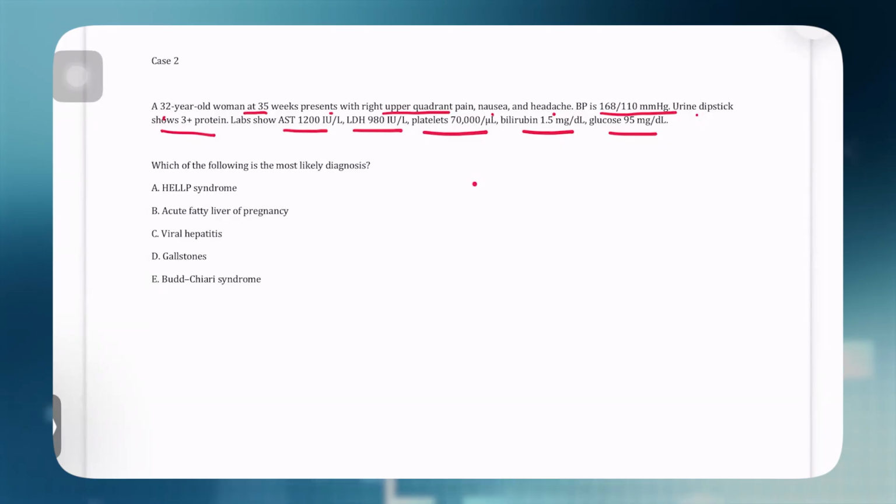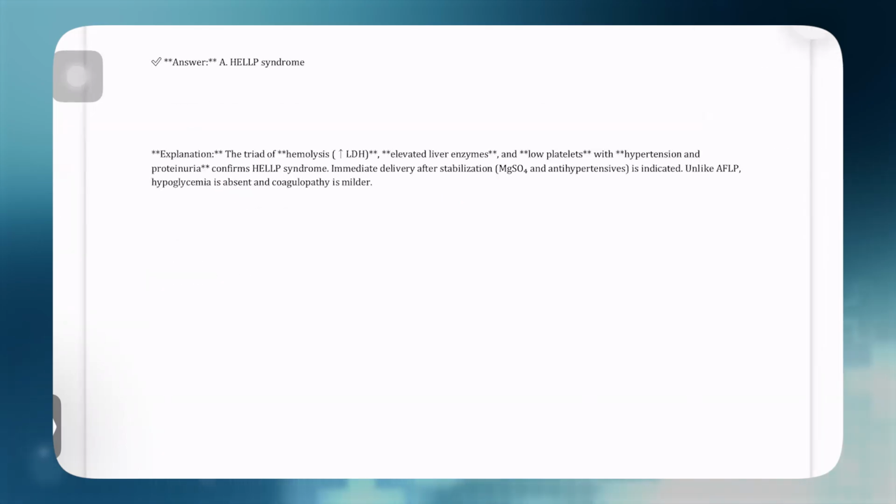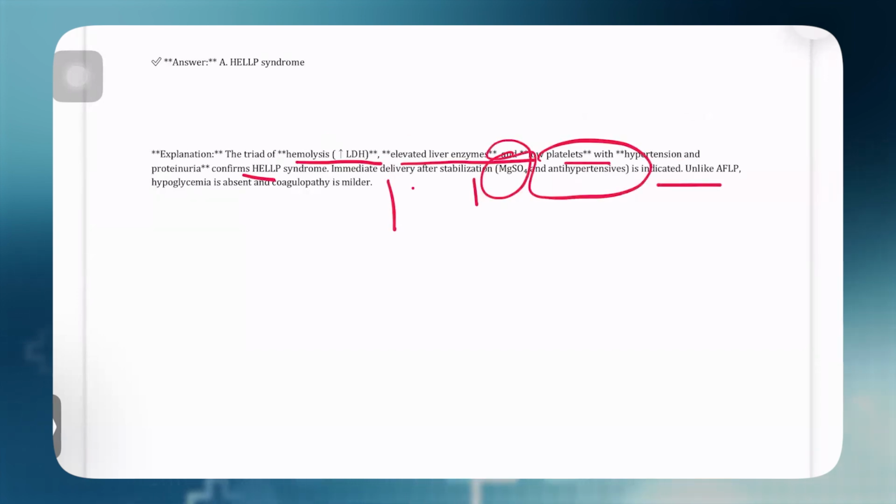HELLP syndrome. The triad of hemolysis, elevated liver enzymes, and low platelets, with hypertension and proteinuria, is HELLP syndrome. Immediate delivery, stabilization with magnesium sulfate and blood pressure control is indicated. Unlike AFLP, hypoglycemia is absent and coagulopathy is milder.